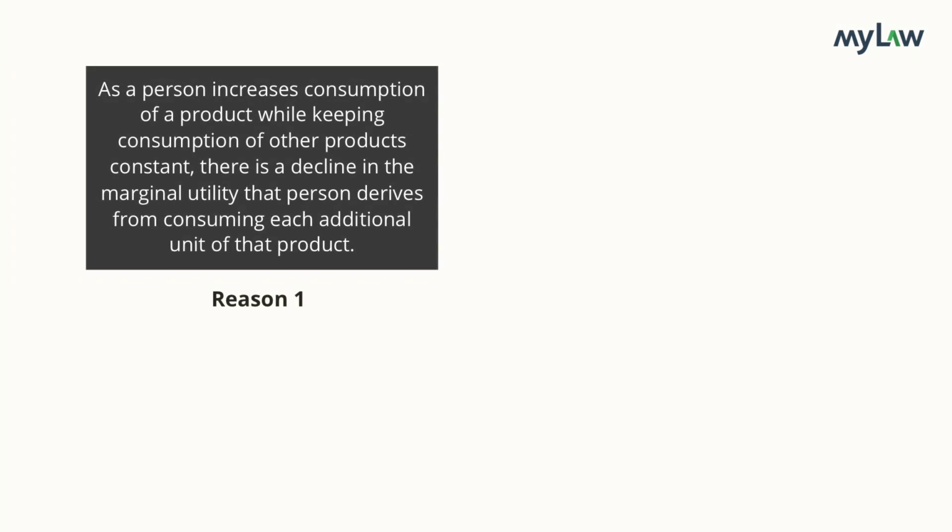Reason 1. As a person increases consumption of a product while keeping consumption of other products constant, there is a decline in the marginal utility that person derives from consuming each additional unit of that product. If you remember your economics lessons, this is the law of diminishing marginal utility.